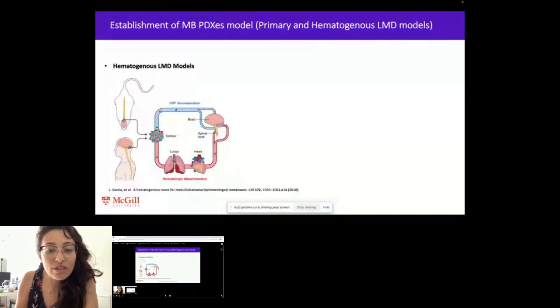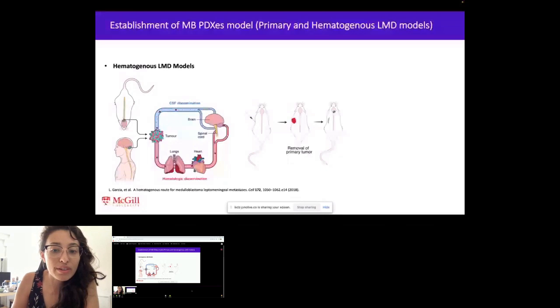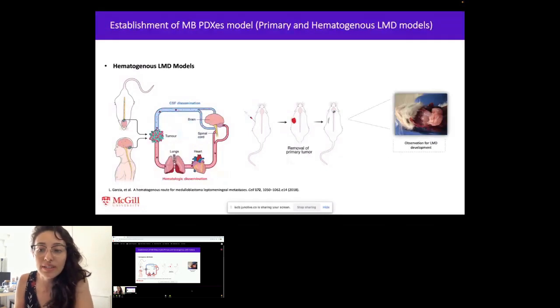Knowing this concept, to make the metastatic model, we inject these cell lines in the flank. Then we resect the primary tumor, and we wait until we observe neurological symptoms, meaning the cells have traveled back to the nervous system. And here, for example, we can see that the metastasis is at the base of the brain.